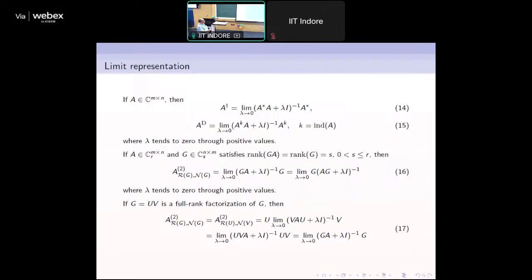Important properties. The Moore-Penrose inverse is related with A star, the conjugate transpose. The Drazin inverse is related with powers, rank invariant powers: A to the power k, where k is the index of A. And then, if we replace A star and A to the power k with an arbitrary matrix, we will obtain an outer inverse.